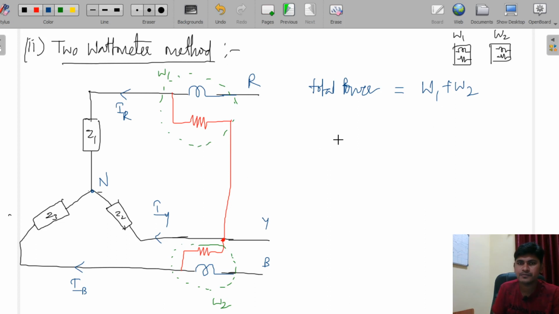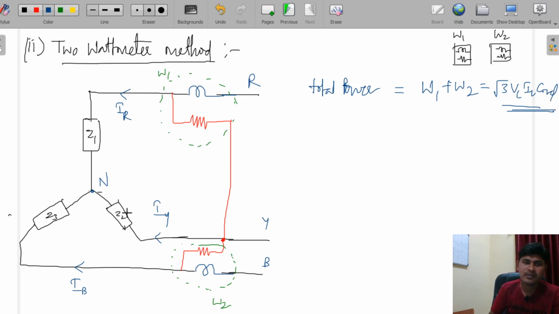Now let us check whether the algebraic sum of the two readings will be equal to root 3 VL IL cos phi or not. What will be the total power consumed by the load? It will be root 3 VL IL cos phi.